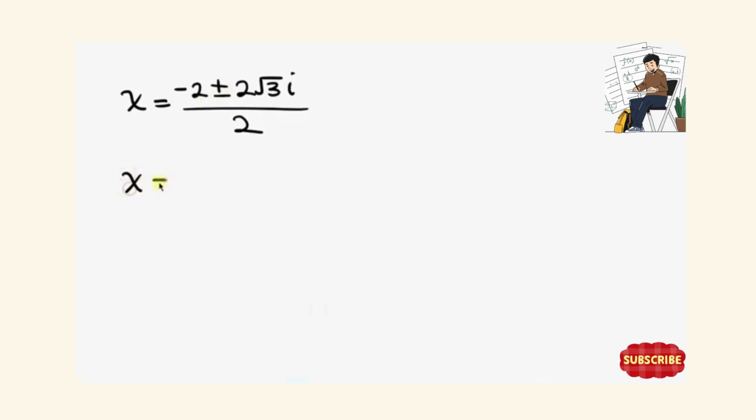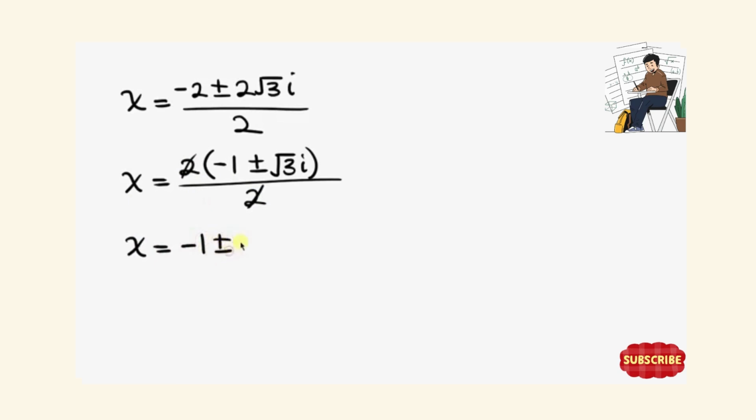So x is equal to, factoring 2 out, -2 divided by 2 is -1, plus or minus 2 root 3i divided by 2, we have root 3i all over 2. Now 2 cancels out 2, so we have x equal to -1 plus or minus the square root of 3i.